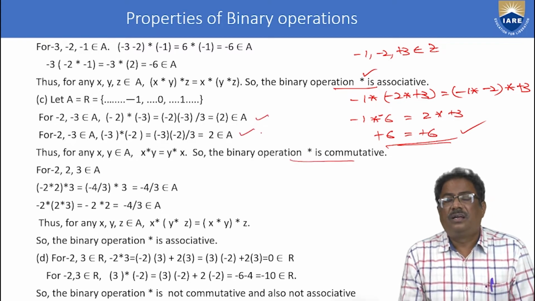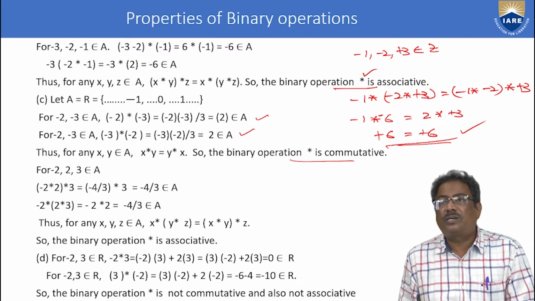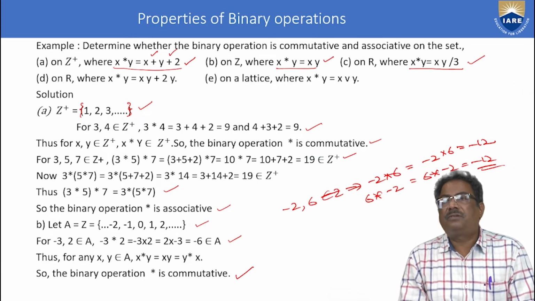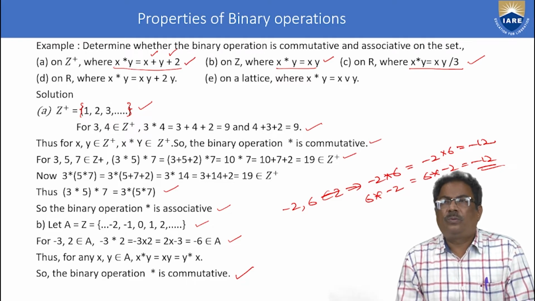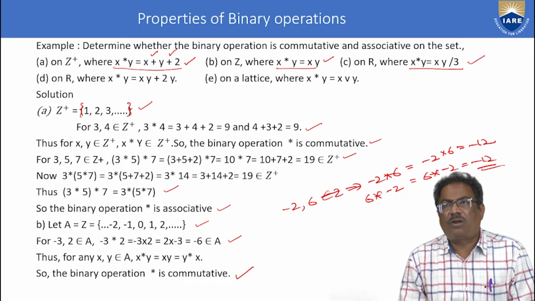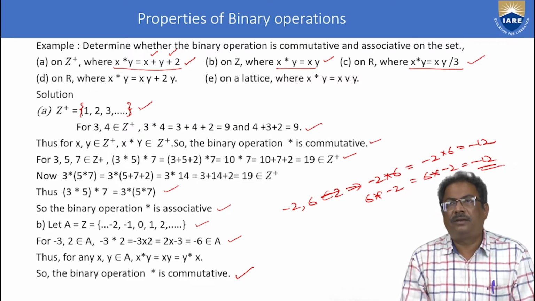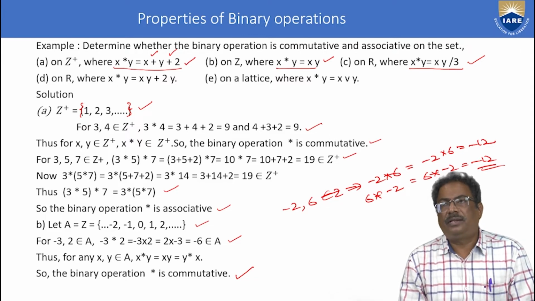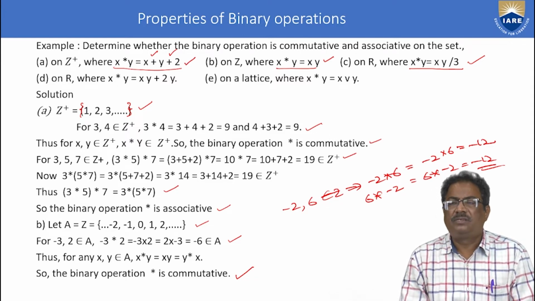For real numbers, the product of real numbers is again a real number, and if I divide by another real number, the result is again a real number.